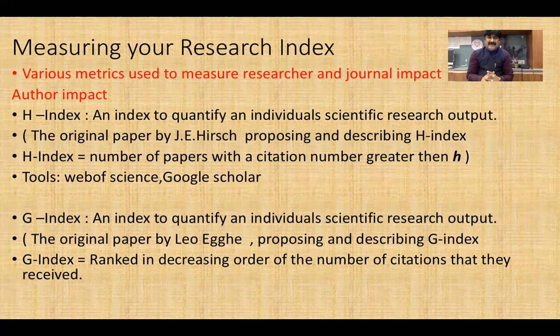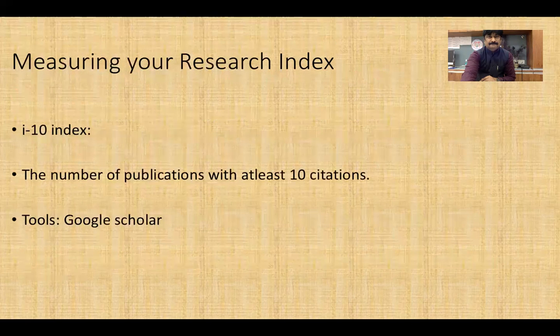Also there is the G index, an index to quantify an individual's scientific research output. The original research paper by Leo Egghe proposed and described the G index. The G index is based on papers ranked in decreasing order of the number of citations they have received. Then for measuring your research there is the i10 index, the number of publications with at least 10 citations, and the tool is Google Scholar.